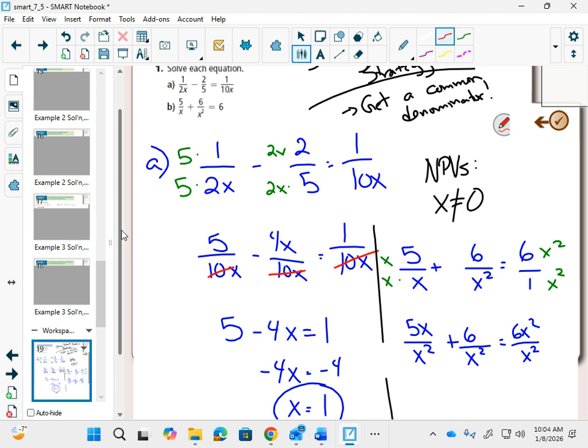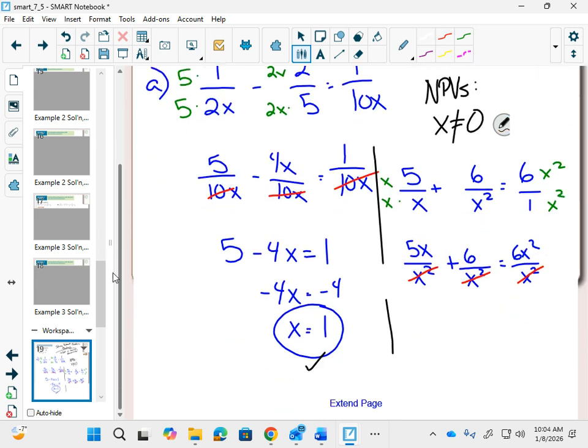So, multiply everything by x squared and go back to 5x plus 6 equals 6x squared. And you're right, it's a little bit harder because it's a quadratic.